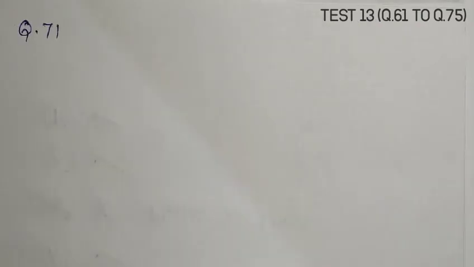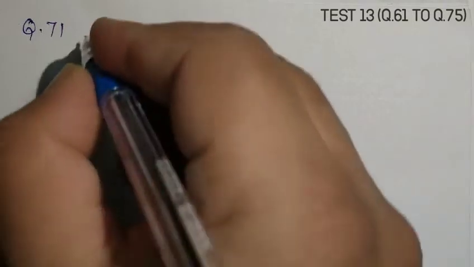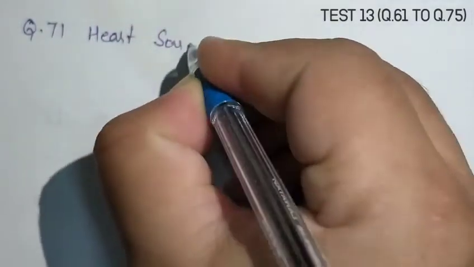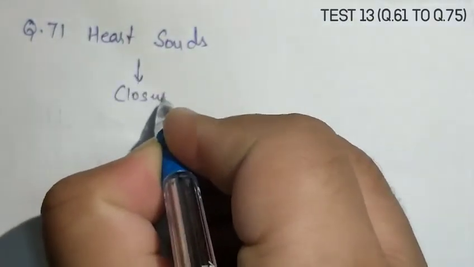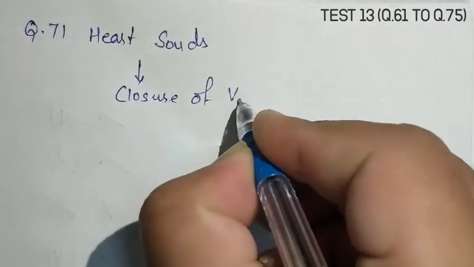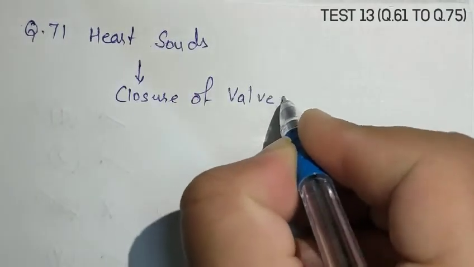Question number 71. The typical lub-dub sounds heard in a heartbeat of a healthy person are due to closure of valves.